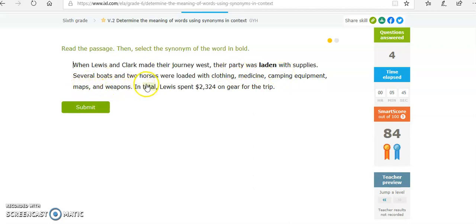In total, Lewis spent 2,324 on gear for the trip. So their party was laden with supplies.